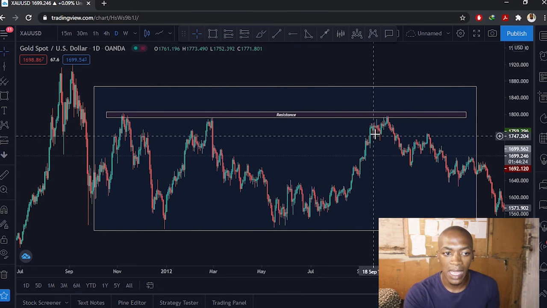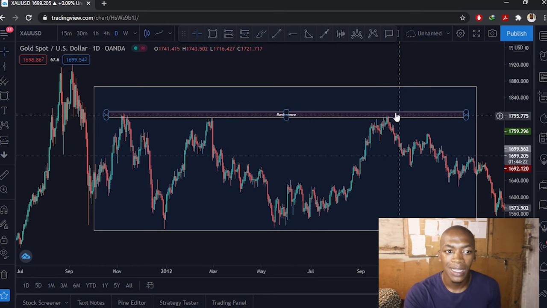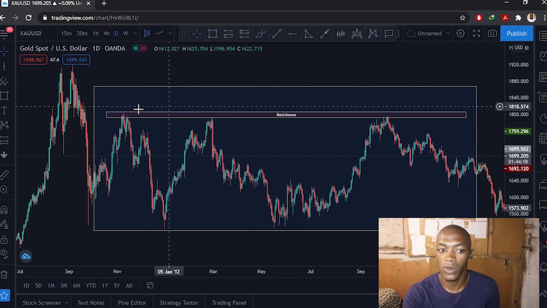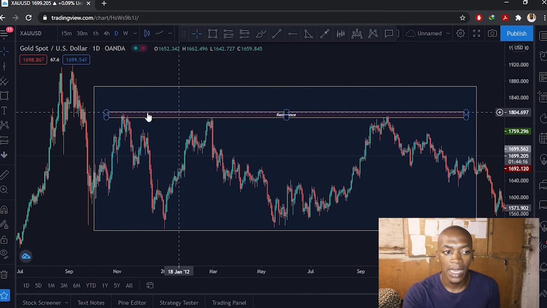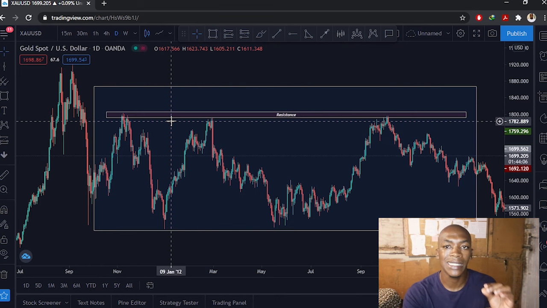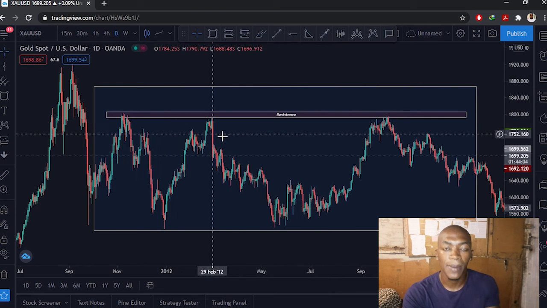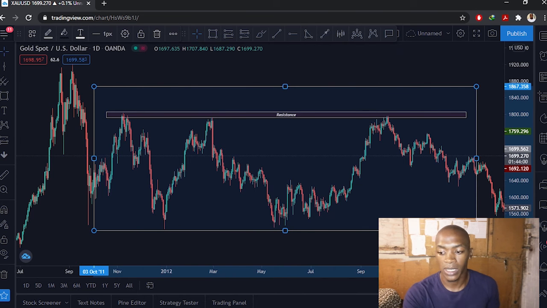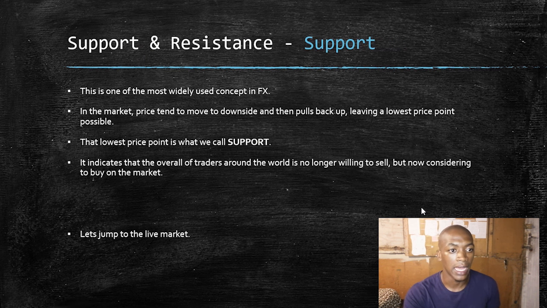Then it went back to the upside again, did the same thing there, and reversed. So basically, a resistance is a zone where the market is being resisted from going to the upside. I hope you understood what resistance is. Now we can move on to the next slide.